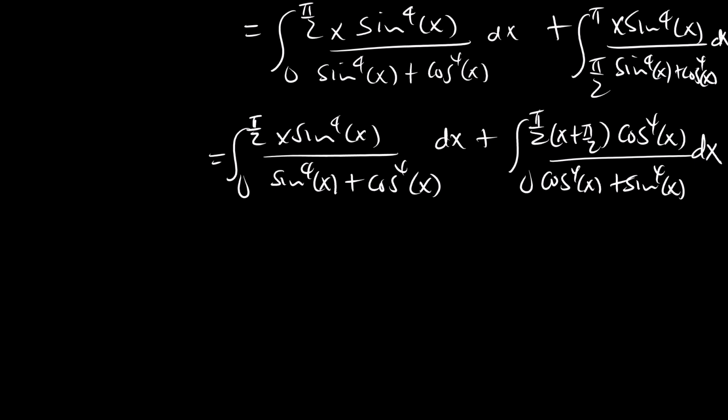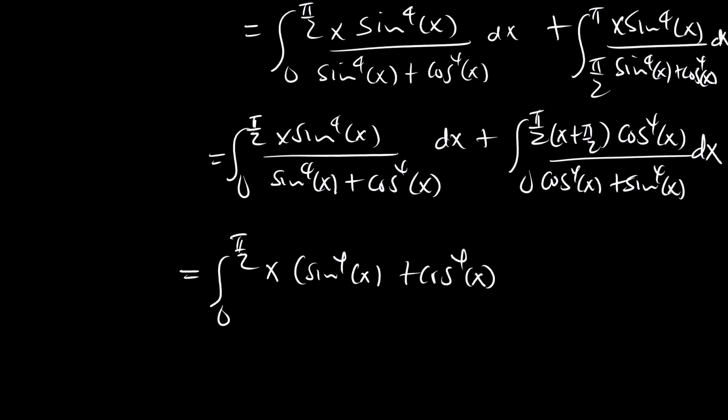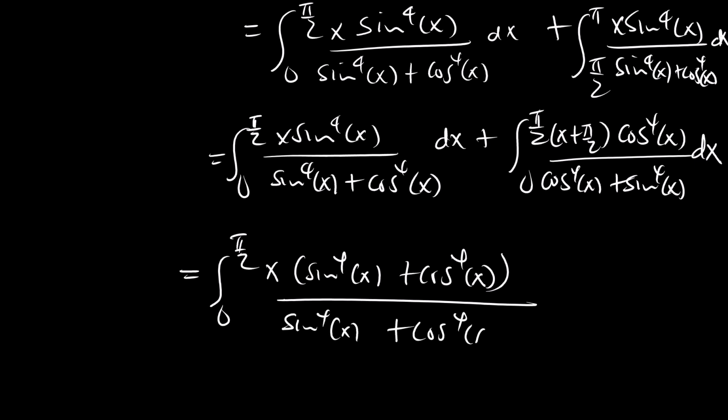So we can now collect like terms since the denominator is the same, and we'll say that we have x sine to the fourth plus cosine to the fourth over sine plus cosine, plus pi over 2 cosine over sine plus cosine.